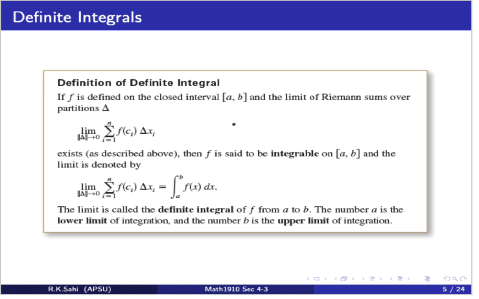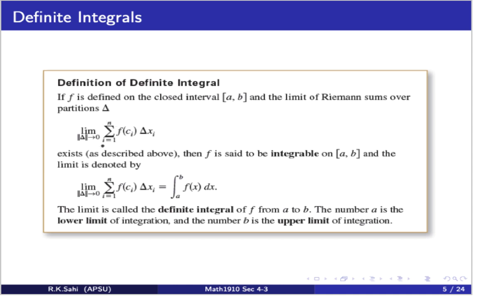So what it says is, if my function is defined on a closed interval, then the limit of the Riemann sums over these partitions is given as the limit as this norm, which is basically the highest interval there, approaches 0. That means the width becomes very, very small.